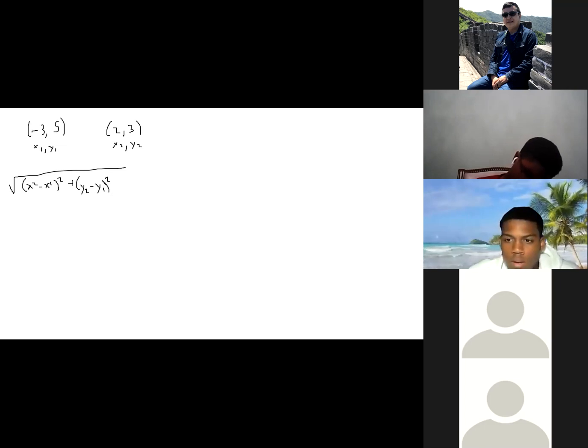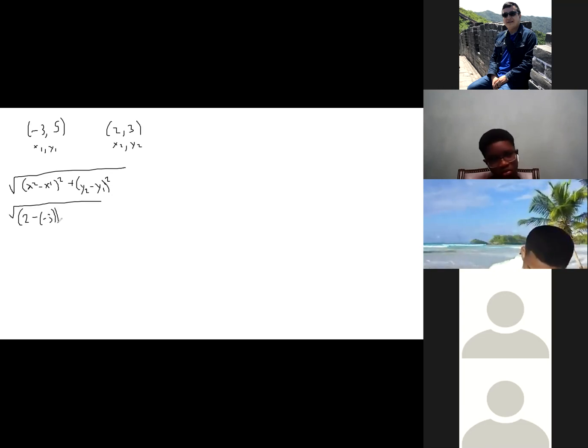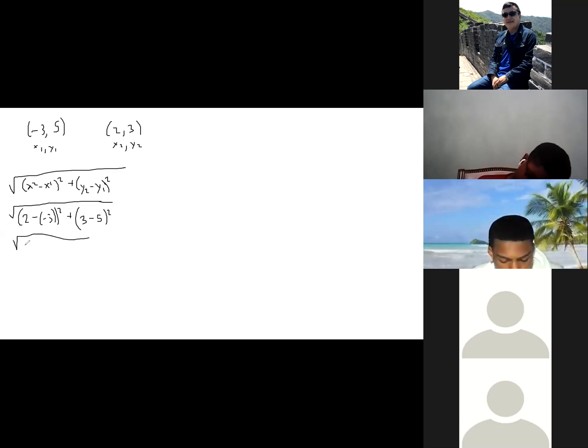And so if I plug in these numbers, it's the square root of 2 minus -3, squared, plus 3 minus 5 squared. So then you get the square root of 25.